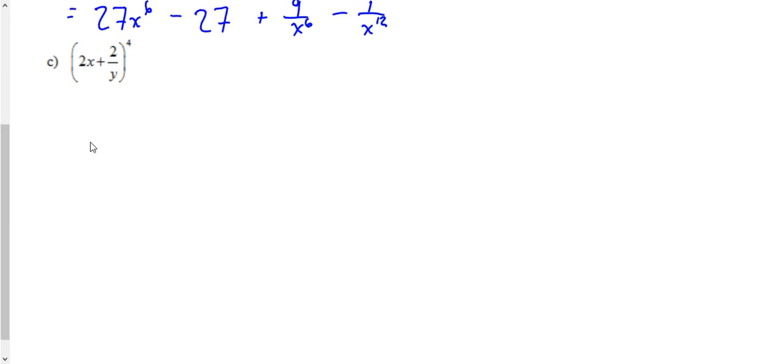We have another example here of another distribution, so let's get going. So right away, if it's 4, I'm going to go 4 choose 0. My first term is 2x, that's going to be to the exponent 4. My next term is 2y to the negative 1, because I moved this y right up to the numerator, so it has a negative 1 exponent on it.